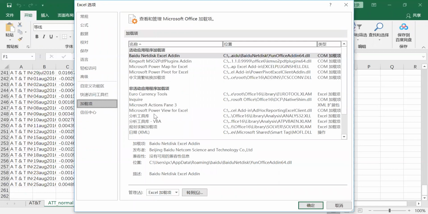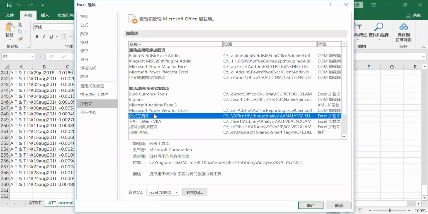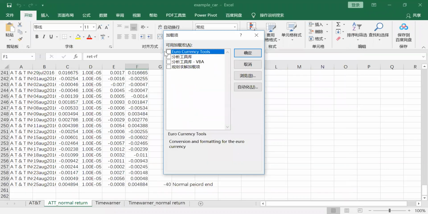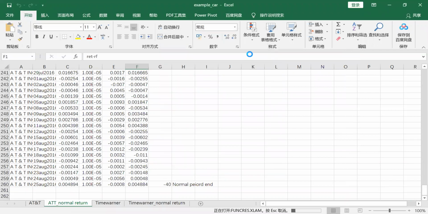In the Add-ins, you will find Analysis ToolPak and Analysis ToolPak VBA. Choose Go, and then choose these two, Analysis ToolPak and Analysis ToolPak VBA, and click OK. After you do this, let's wait a while.